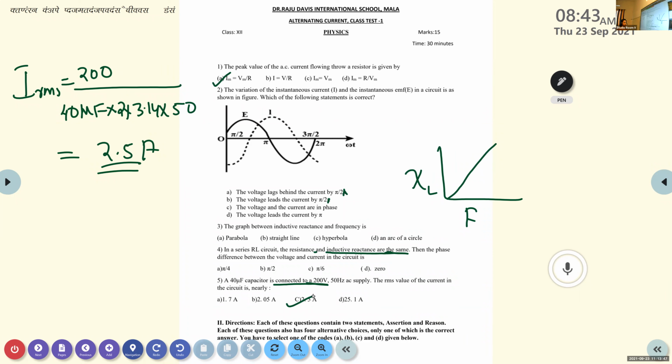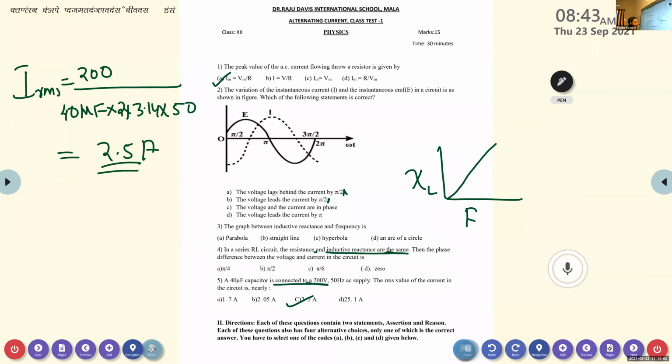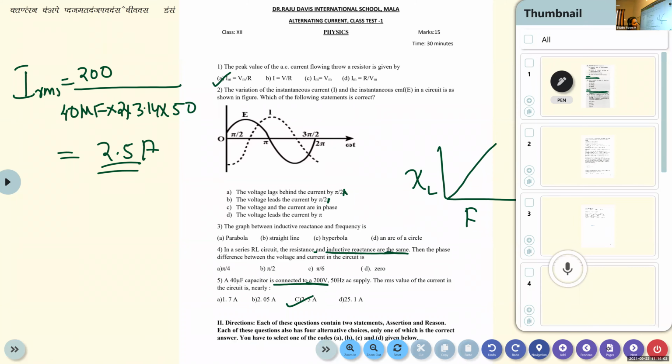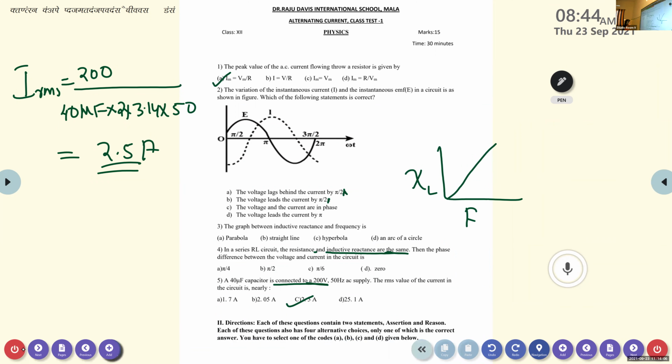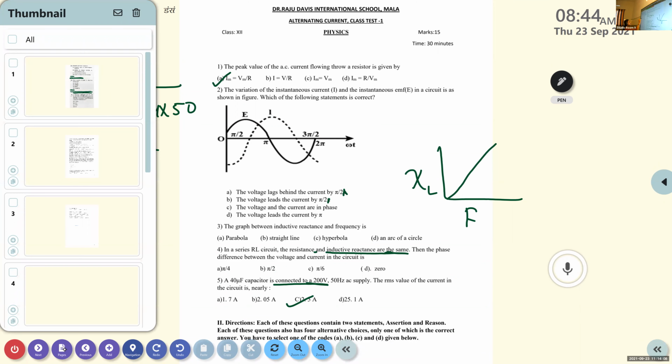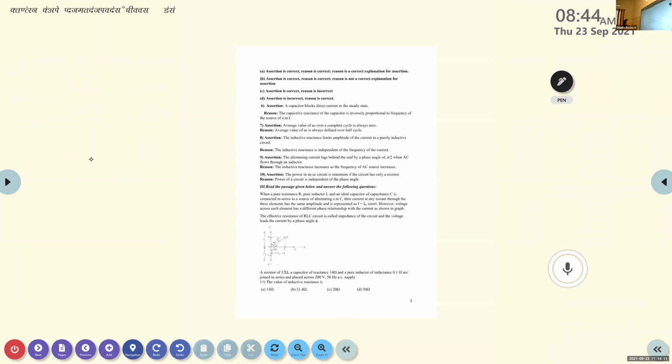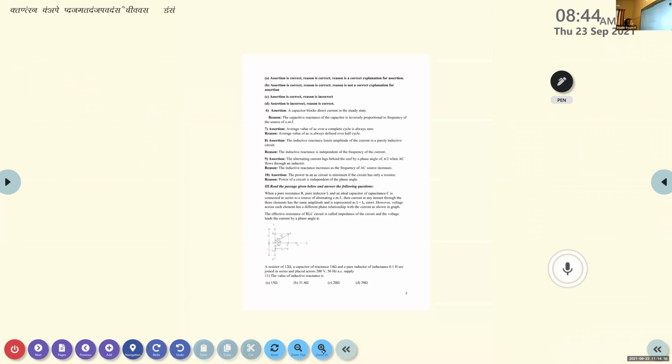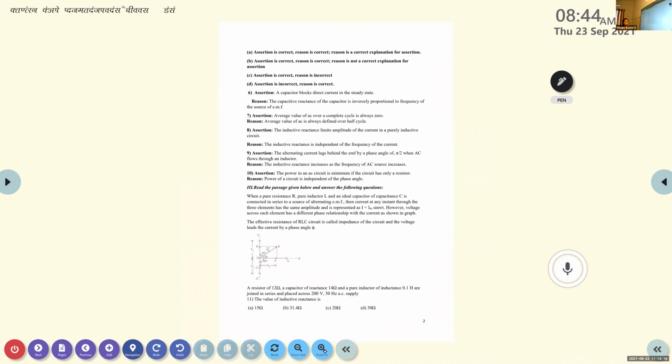Okay. So now the second section, the assertion and reasoning type questions. Here, I think in one question I made a mistake in the options. First of all, we can discuss it. The options are: option A, assertion is correct, reason is correct, and reason is the correct explanation for assertion.